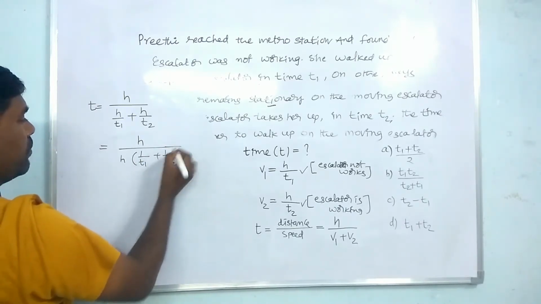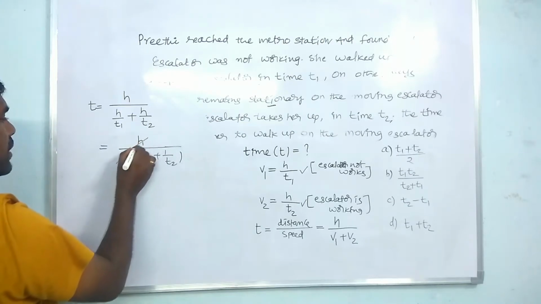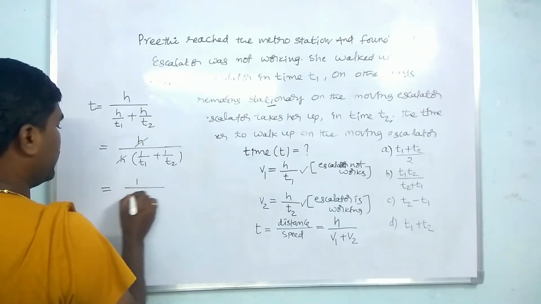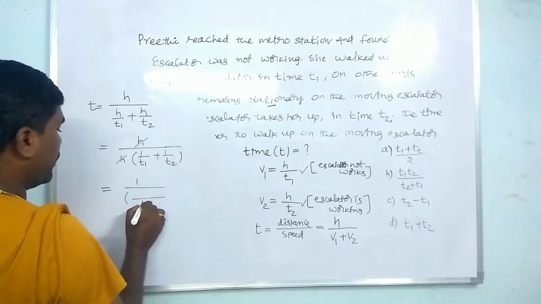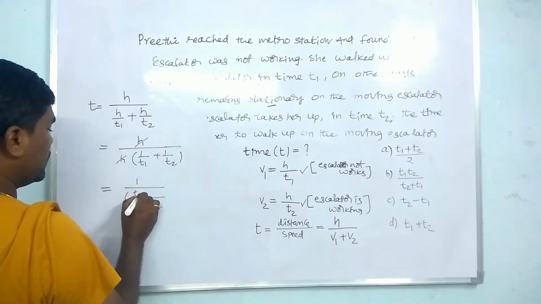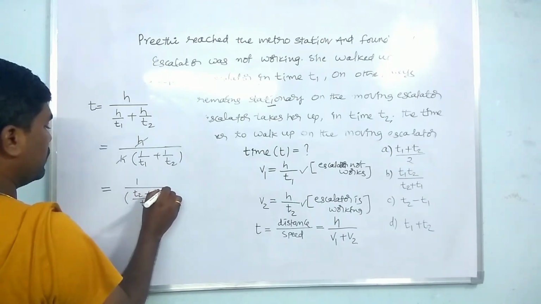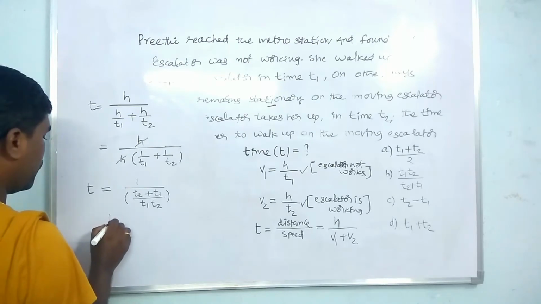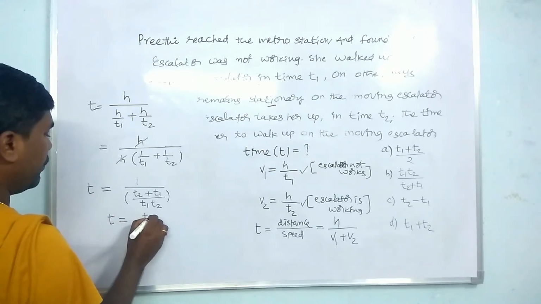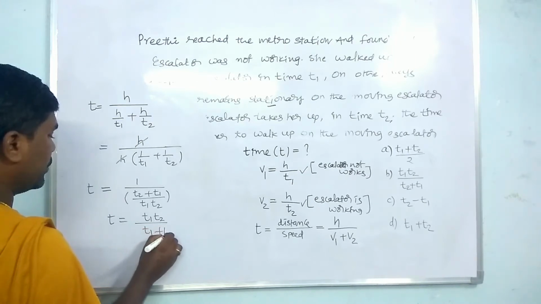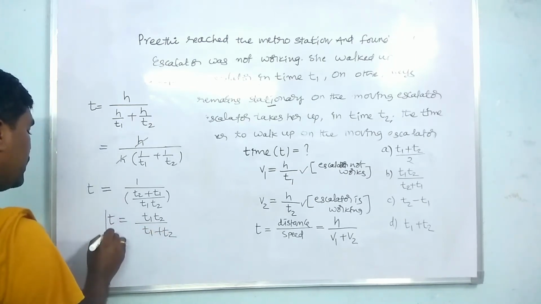H will cancel out. And then it is 1 by, so here t1 t2 is the LCM, where there is t2 plus t1. So this is the t. It will convert as t1 t2 by t1 plus t2.